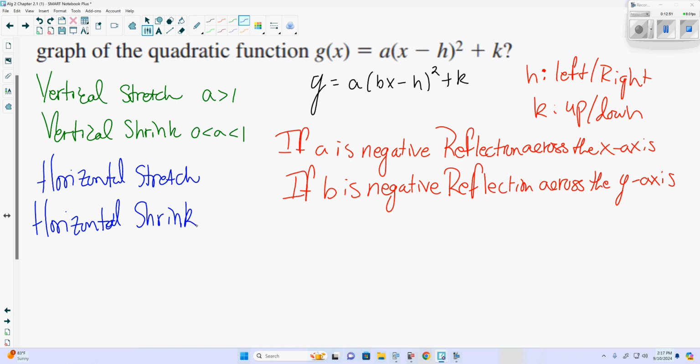Whatever that value is, flip it. And if the flip is greater than 1, it's a stretch. If the flip is between 0 and 1, it's a shrink. So with that horizontal, we flip it, then decide what it is. And again, once we see it, it's going to make more sense than us just talking about it in words. So I'll give you all a second for those who are writing to write that down.